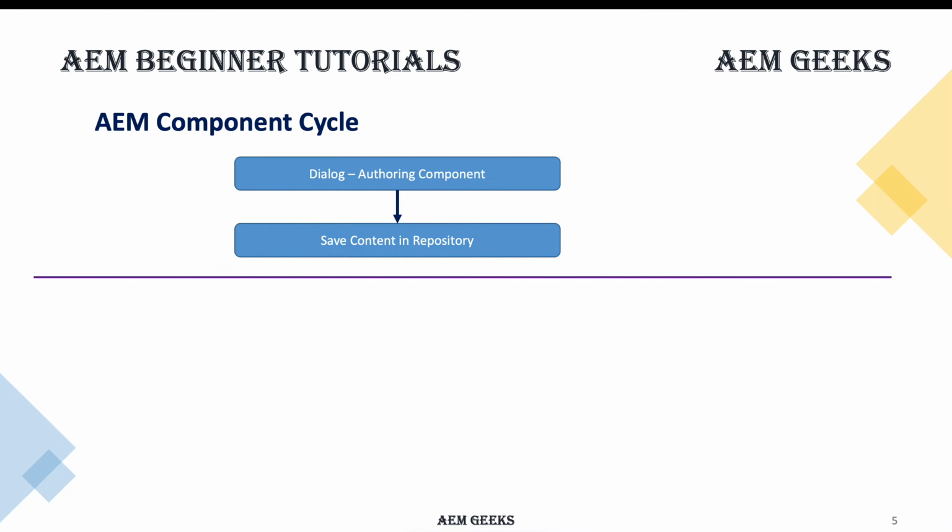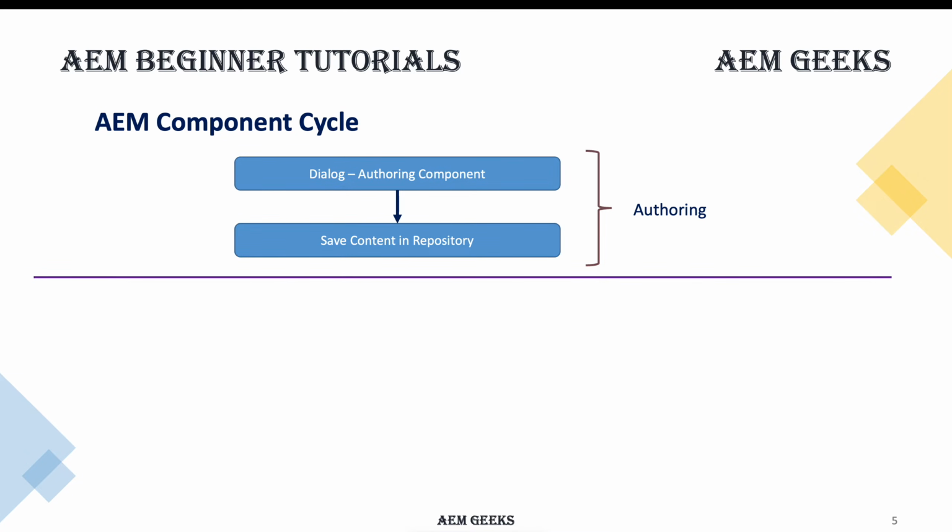That content is saved in that node in the form of properties, key-value pairs. The process of saving that data we call authoring. Now your JCR, the Java Content Repository, has your content in key-value pair format. You can store files as well, and we'll see the use cases. So this is called authoring.